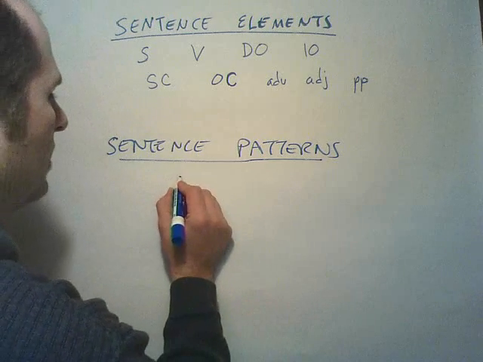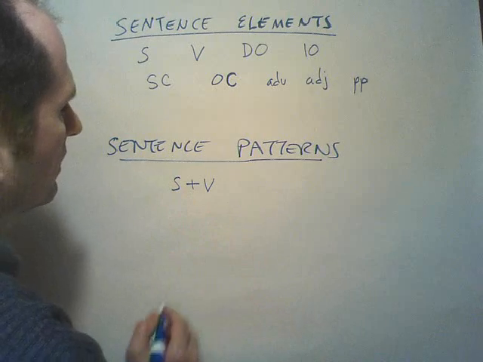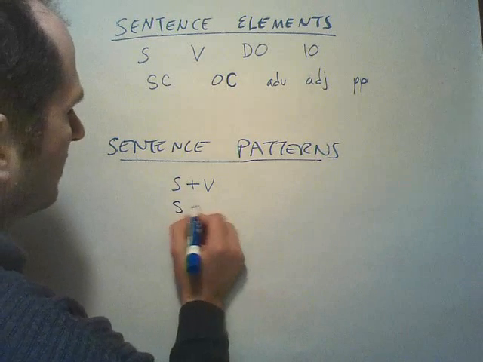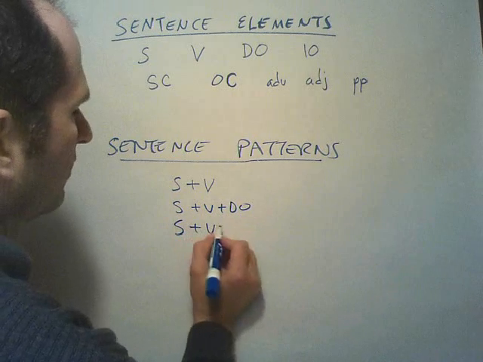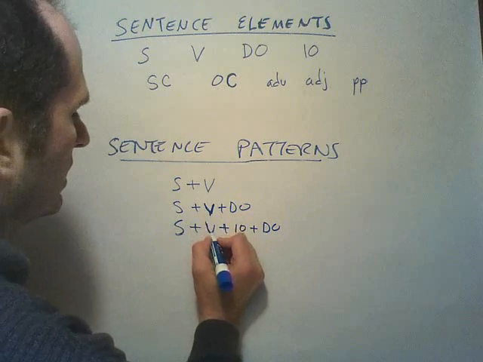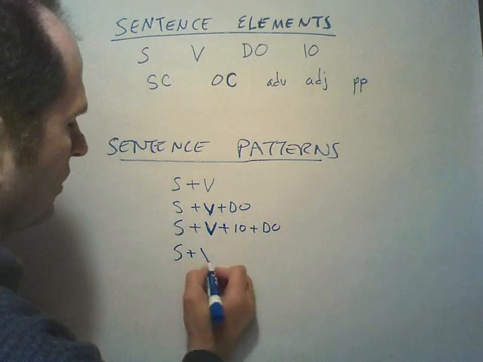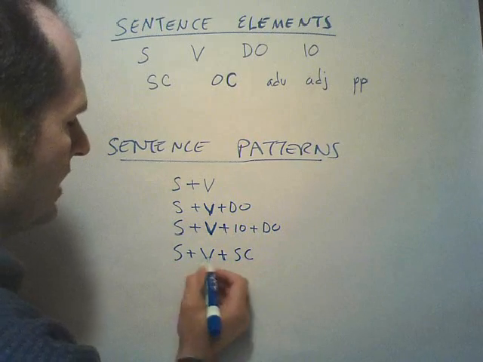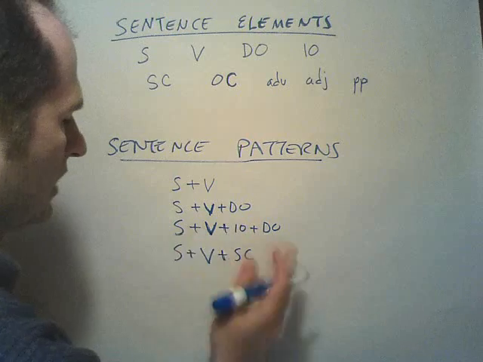All right. So we very much have a subject plus verb pattern. Then we have a subject plus verb plus direct object. We have a subject plus verb plus indirect object plus direct object. This is a V. We have subject plus verb plus subject complement. Now, some people will call this a linking verb. They'll put an L in front of V for linking verb.